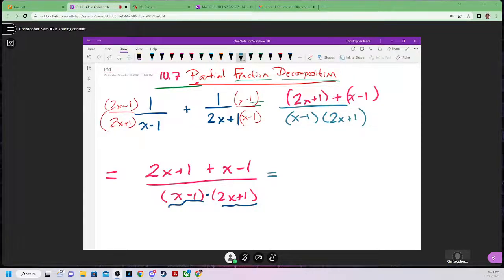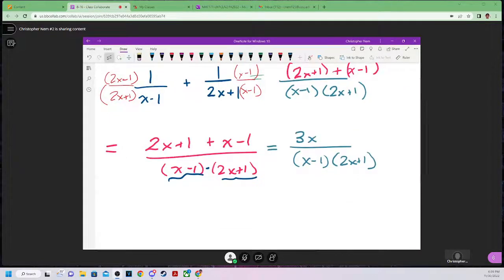If I combine like terms, I get 3x over x minus 1 times 2x plus 1. And if I'm feeling really brave, I can also expand the denominator. You don't have to expand the denominator. I would actually prefer it if you didn't, but you might also see it as 2x squared minus x minus 1. That's another representation. All right?